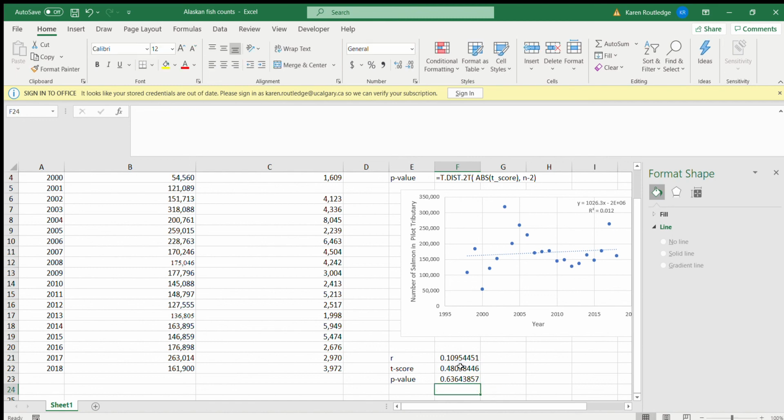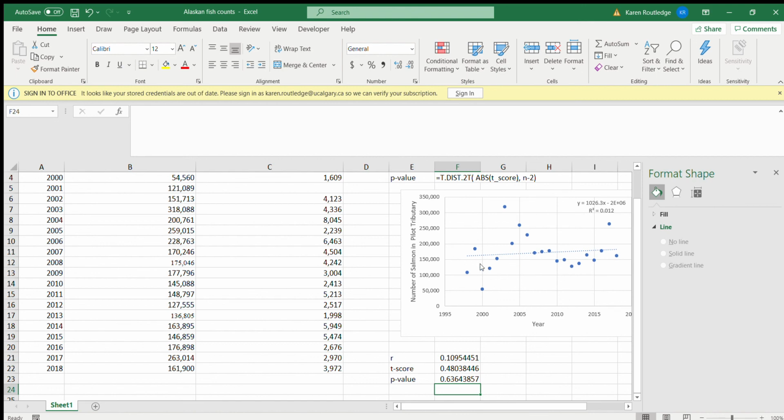Close all of our parentheses, and we see that the probability of getting a correlation coefficient this high, of having a slope like this, or something more extreme, is 0.64. So it is very likely to see data with this pattern under the null hypothesis that the slope is actually 0.